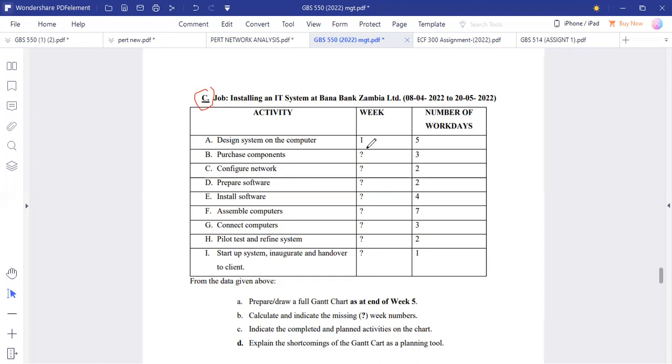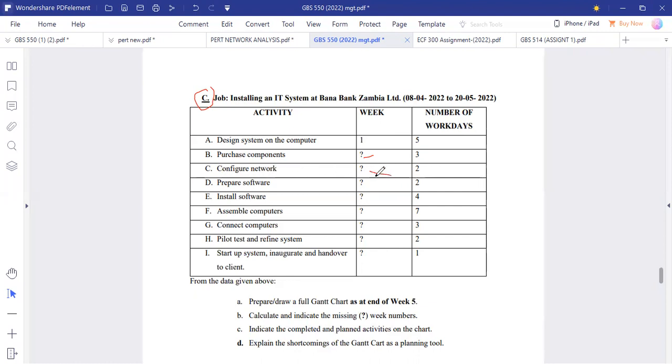Then we have the purchase of components, where we have to find the week, but we are taking 3 days when purchasing the component. On this one, I need to be a little bit slow because you need to understand it thoroughly. Then the third part, activity C, we are going to configure the network.